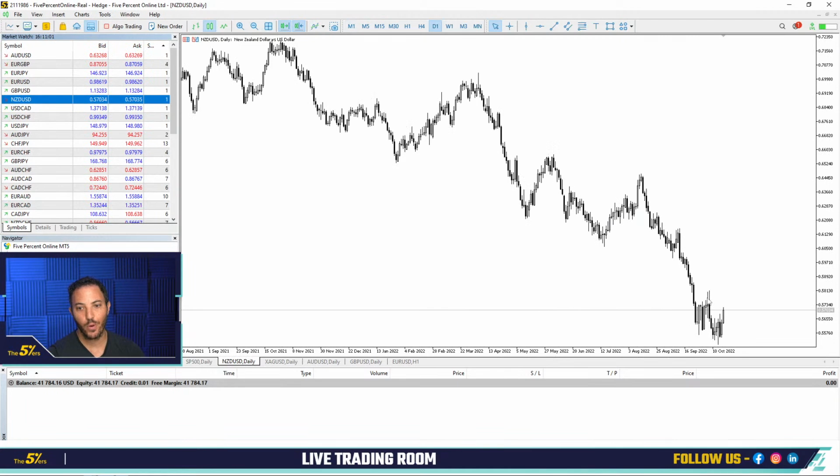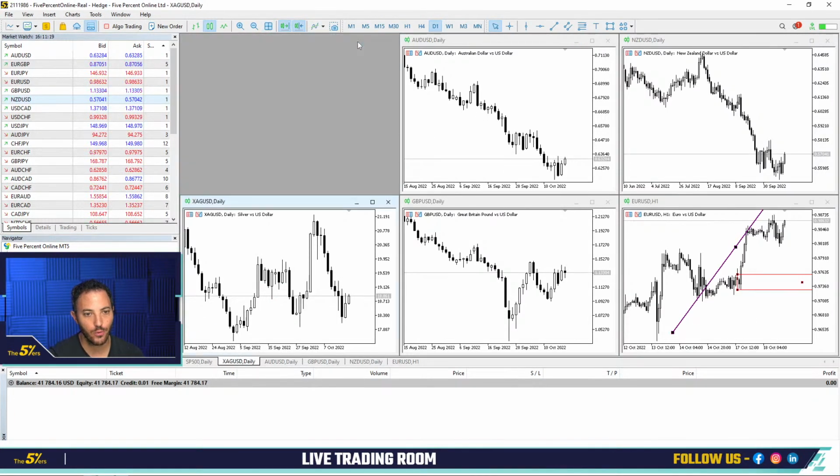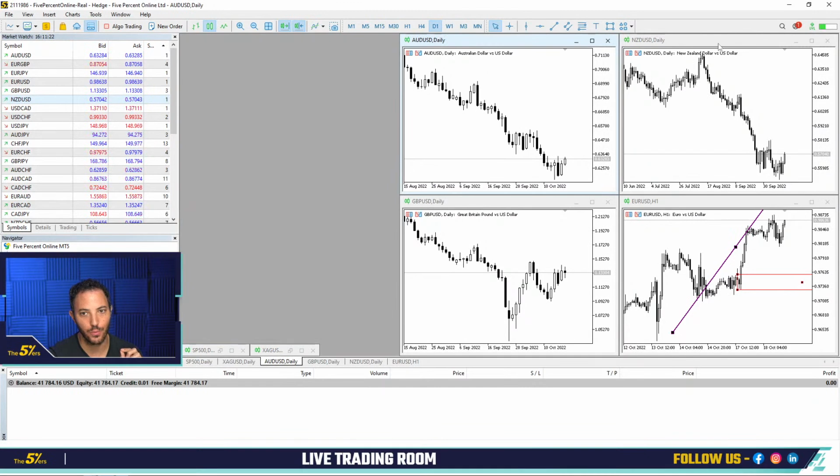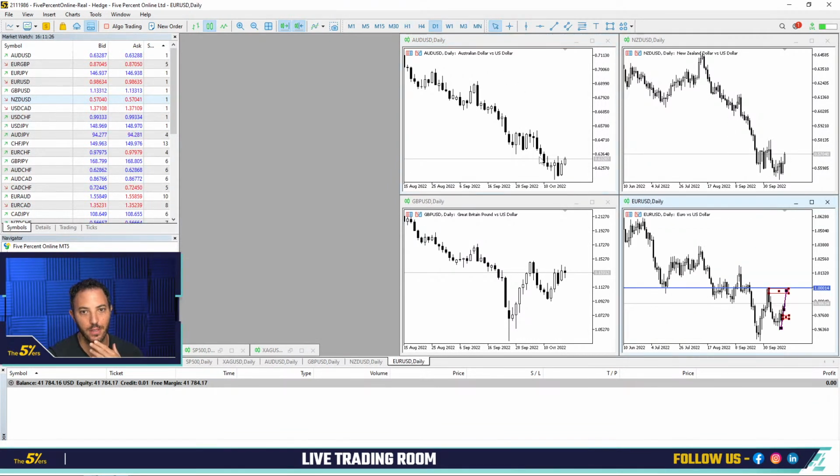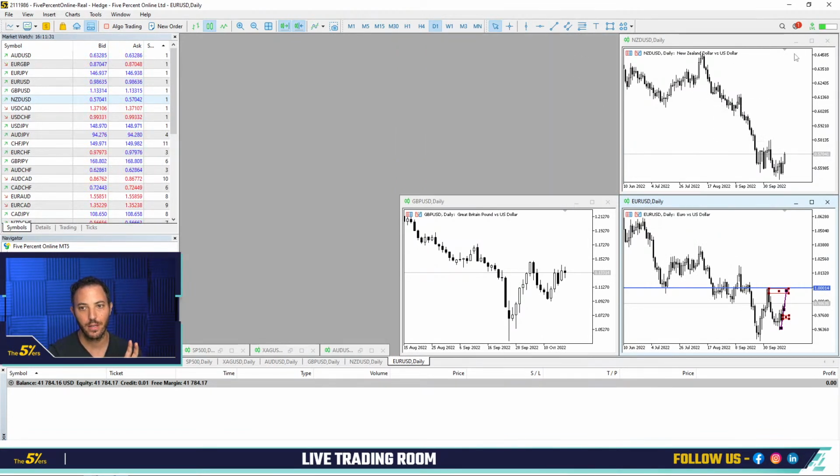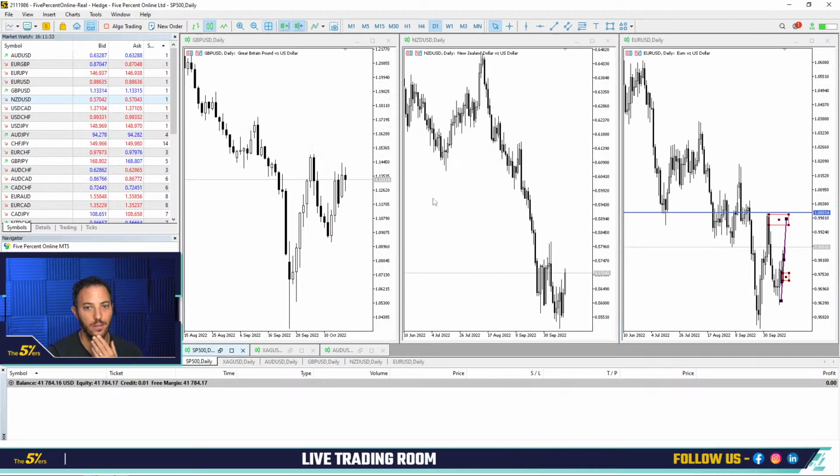Okay, on the Kiwi, we don't have that formation. We don't have that strong recovery of the Kiwi in this case, and the pullback. Okay, let's try to see them side by side, and just trying to train our eyes to see which currencies are stronger than others will help you filter and pick the right one to trade.